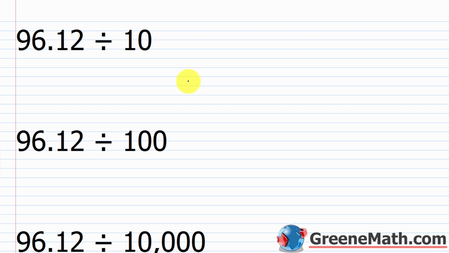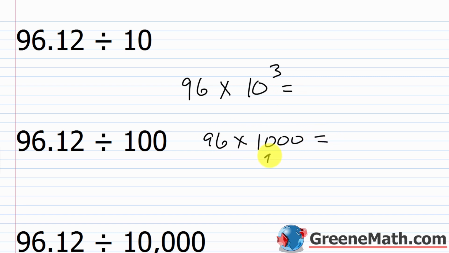So if I did 96 times 10 cubed, well, 10 cubed is a power of 10 with 3 zeros, right? It's 1,000. This is basically 96 times 1,000. So I'm going to move the decimal point 3 places to the right. I'd go 1, 2, 3, and end up with 96,000 as an answer.